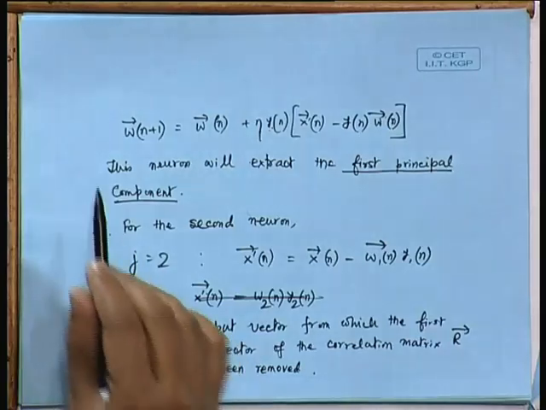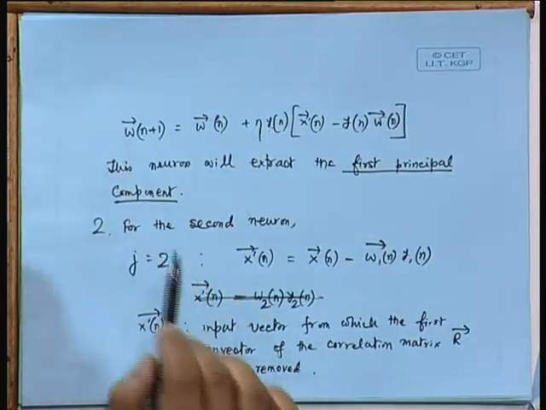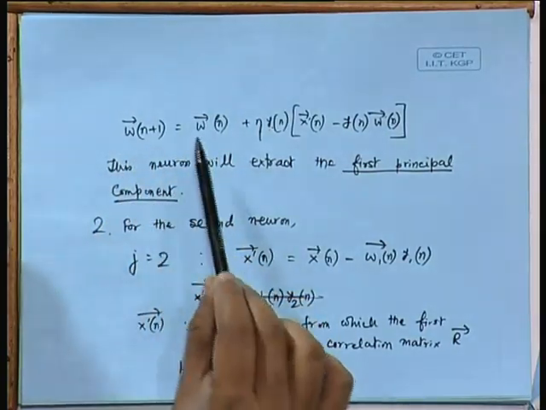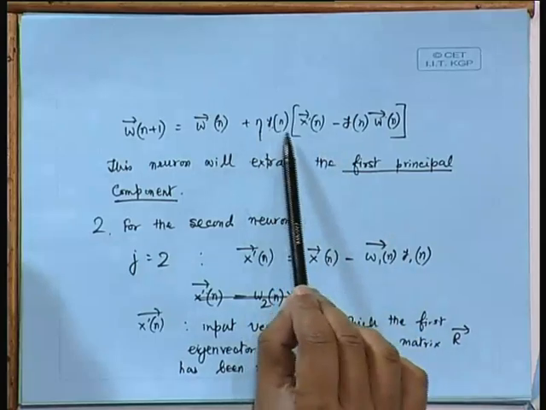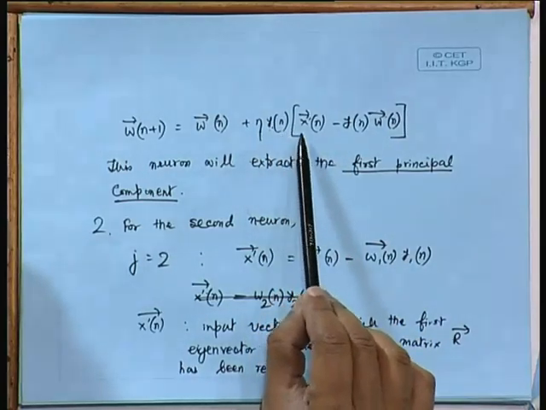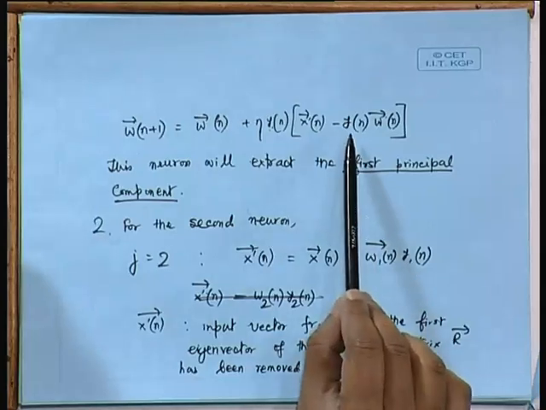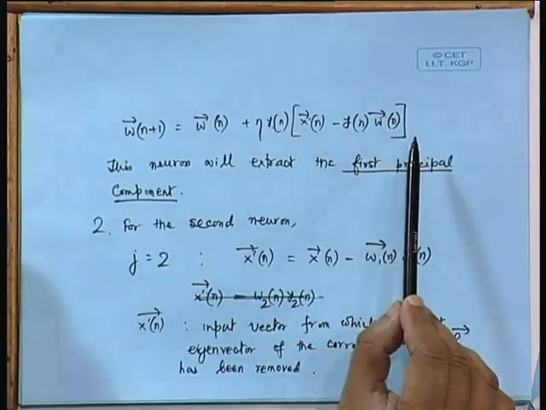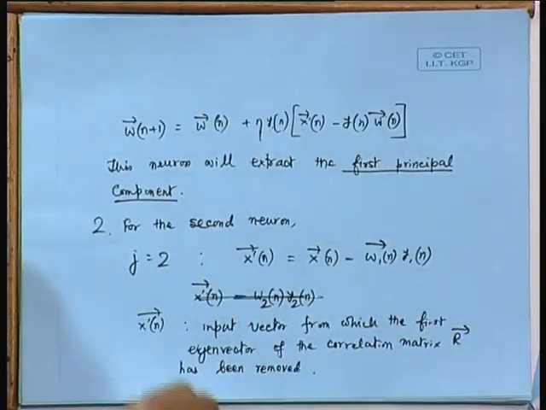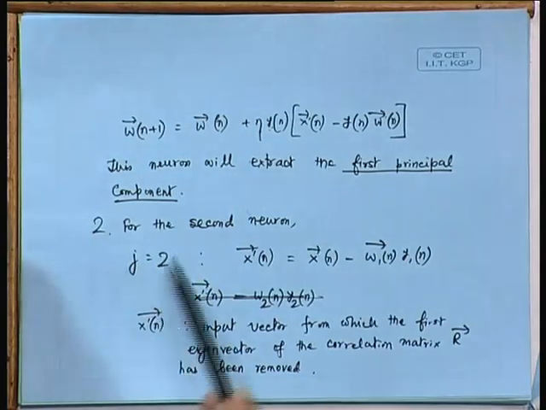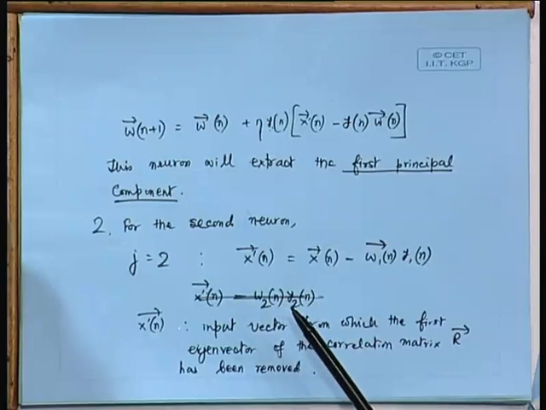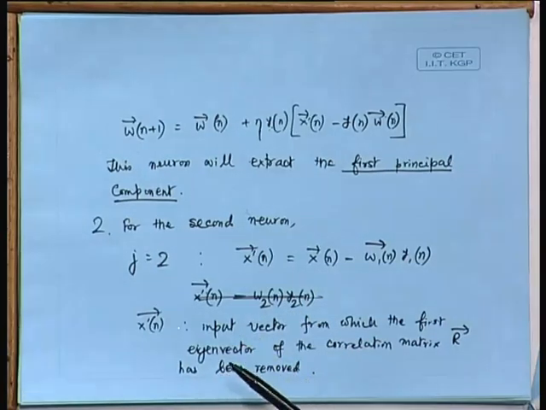So, what we will go through now is simply w2n plus 1 will be equal to w2n plus eta y2n times x prime n minus y2n w2n. Instead of y2 and w2 you can write y and w, because we are interested now in extracting j is equal to 2. And what will it extract?